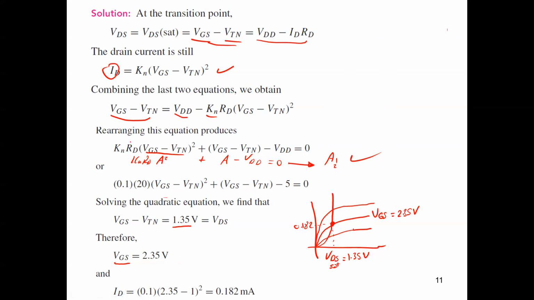We use the current equation at saturation level, which is already one of the points on this curve, and we substitute at the same time with the value of VDD minus IDRD equals VDS saturation, which is the point of transition here between non-saturation and saturation. So now we could identify the point of transition.